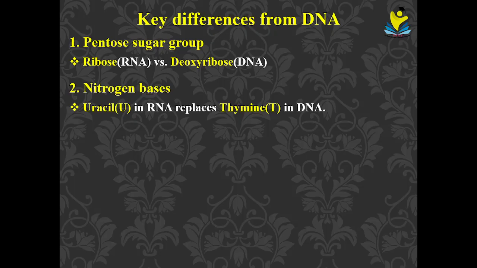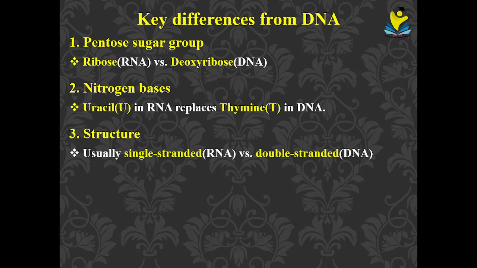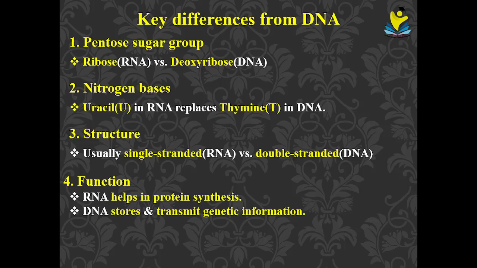Next, we consider structure: usually single-stranded in RNA and double-stranded in DNA. Next, we consider functions. RNA helps in protein synthesis, but DNA stores and transmits genetic information. Okay, let's go to the next slide.